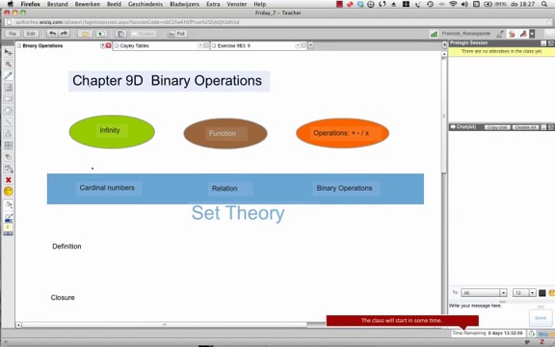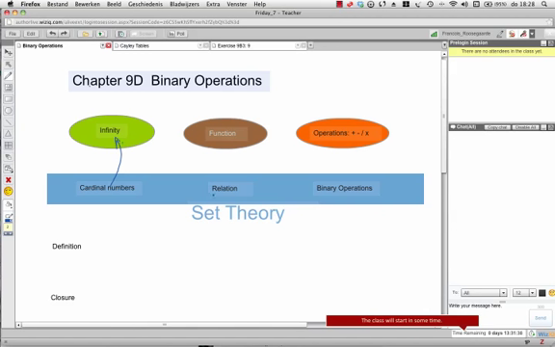Before we embark on binary operations, first a brief review. We have been talking about set theory and in the meantime discovered that set theory really forms the basis for the mathematics as we know it. Cardinal numbers, for instance, formed the basis to really for the first time talk in an exact way about infinity, and for instance to determine whether the number of points on a line is more or equal to the number of points in a plane.